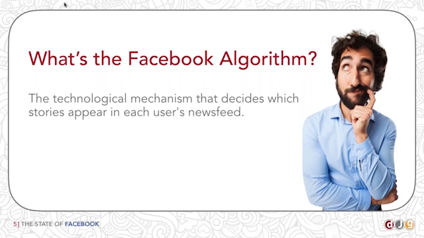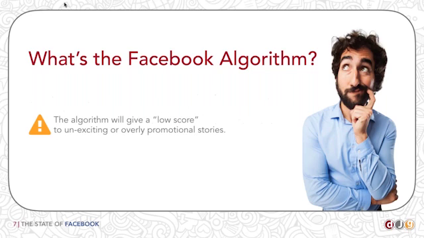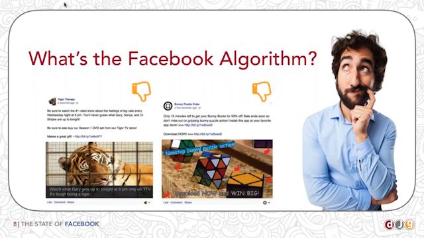So the algorithm calculates a score that scales content good or bad. For example, the algorithm on Facebook will give a low score to any unexciting or overly promotional stories or content posts. So let's take a look at these two awful Facebook posts. Angie, why don't you tell us what's wrong with these? They look like ads to me, Alex. They should have had to pay for these posts. Look at that. They're saying, buy our content.